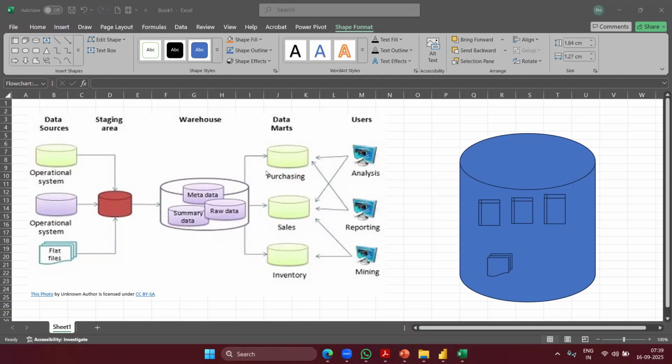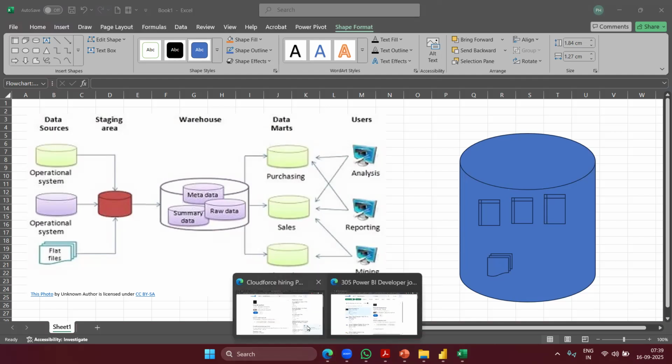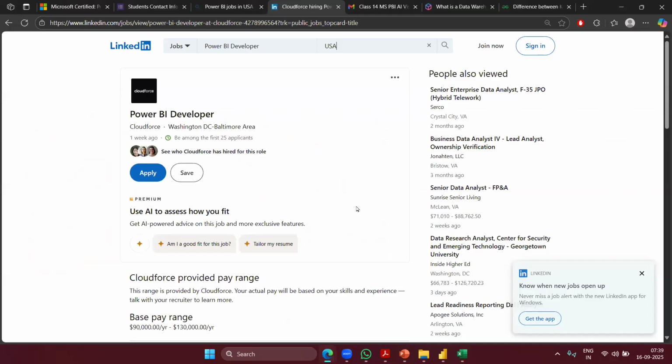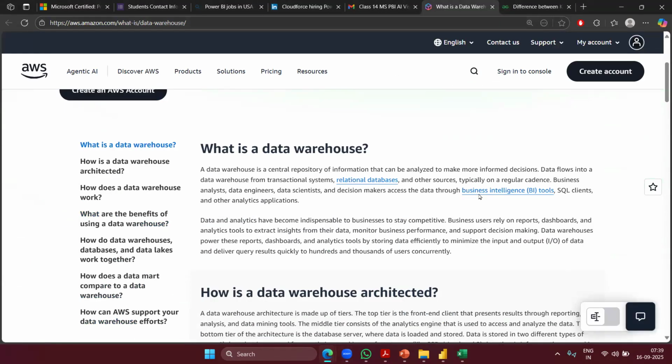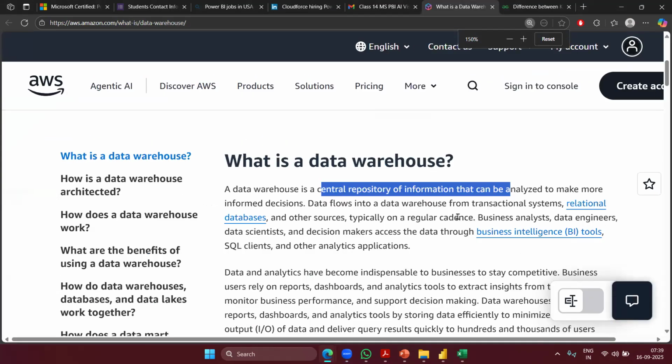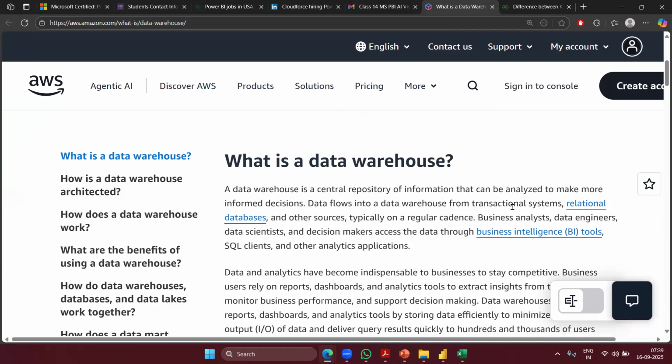So in a nutshell, let me show you what a data warehouse is going to do. These articles, I'm going to share with you because you need to read them and familiarize yourself. A data warehouse is a central repository of information that can be analyzed to make more informed decisions.